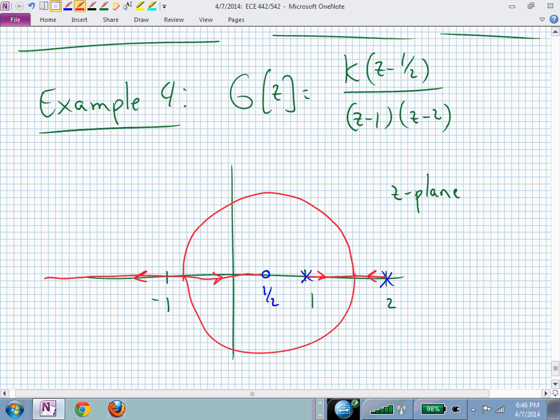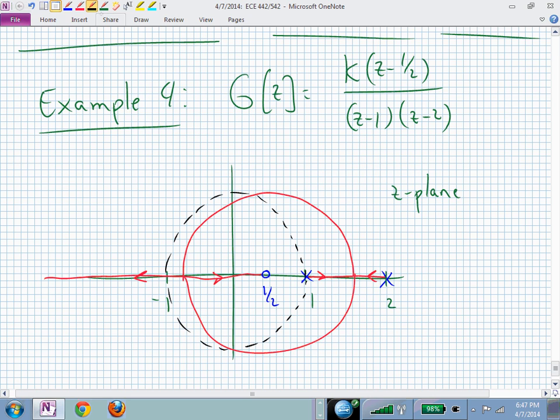Is there any possibility of being stable in this system? I only have 2 branches. You want both branches to simultaneously be inside the unit circle. If you sketched the unit circle, and my drawing is probably terrible, we'll enter, and then we'll leave, won't we?